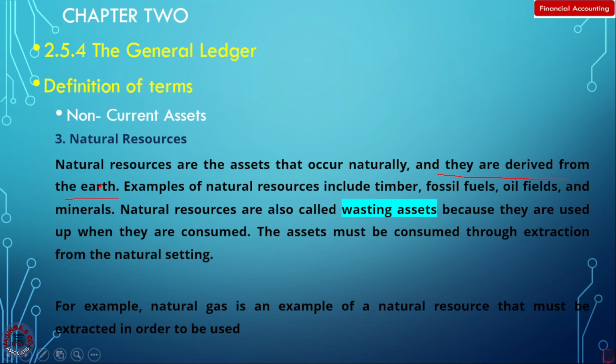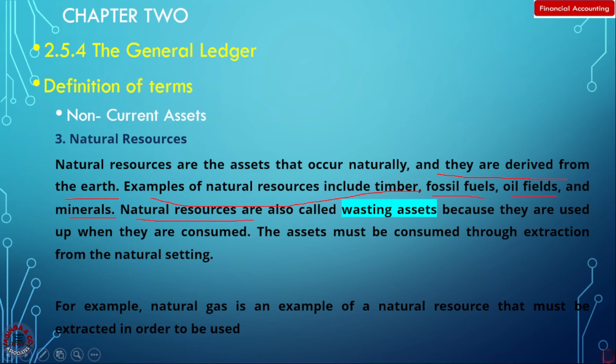They are derived from the earth. Examples of natural resources include timber, fossils, oil fields, and minerals. So these are natural resources and we are calling them non-current assets. Turning them into cash will take a longer period of time, more than 1 year. And when they take more than 1 year, we call such kind of resources non-current assets.